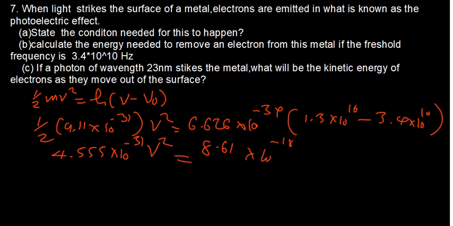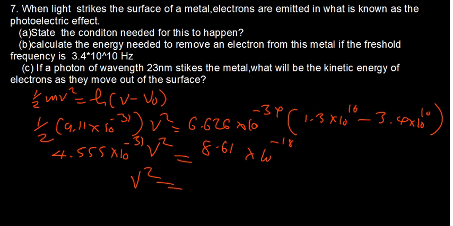And then we want to divide by this 4.55 on both sides. So we divide by 4.555 multiplied by 10 to the power negative 31. Sorry, let me just redo that again.